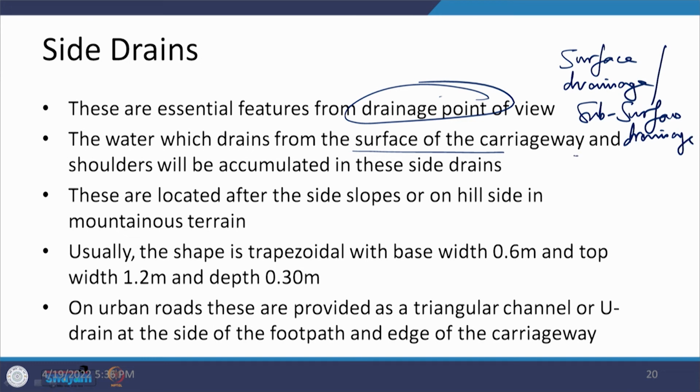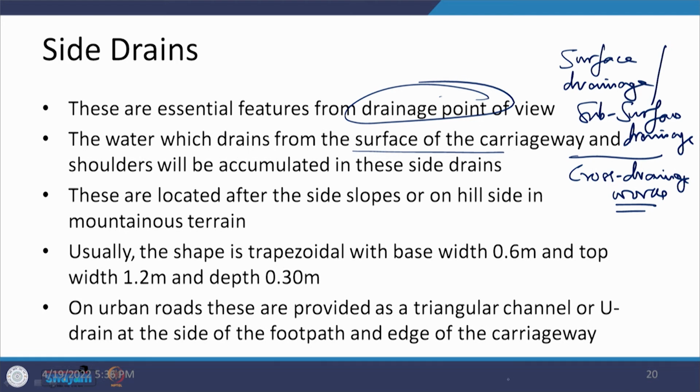Another thing which may happen is defined as cross drainage. So, that is another thing which may be there. We are going to look at these things one by one.